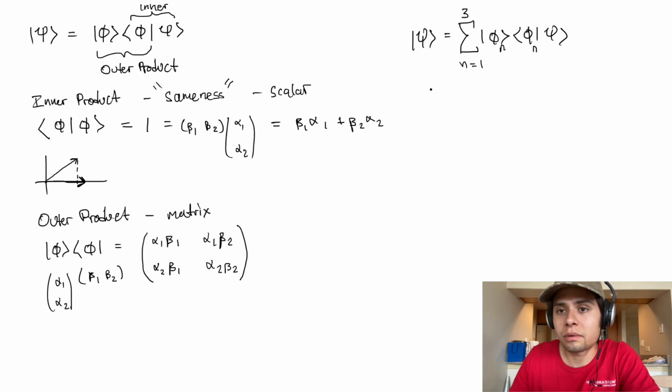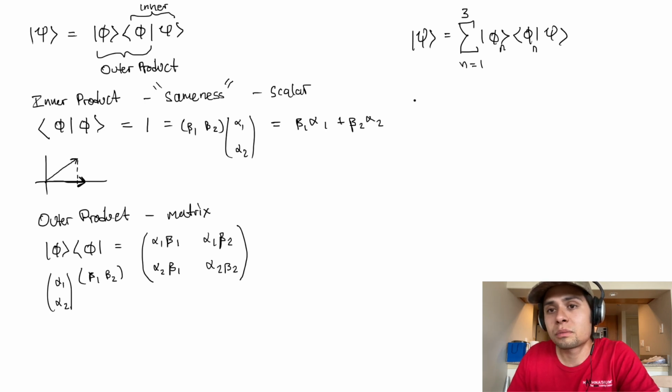And this is an extremely powerful tool, especially when we're reading stuff like quantum mechanics, because perhaps this vector here is a little bit hard to write on its own. It might be a complicated vector, and it might be easier for us to write this state out in terms of some simpler vectors, and those simpler vectors are these vectors here.